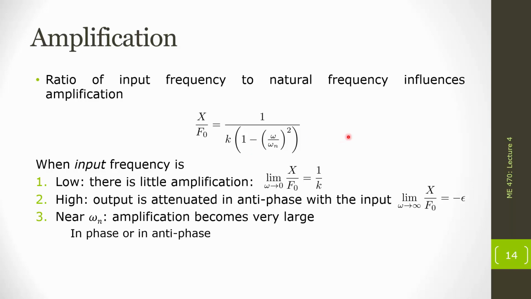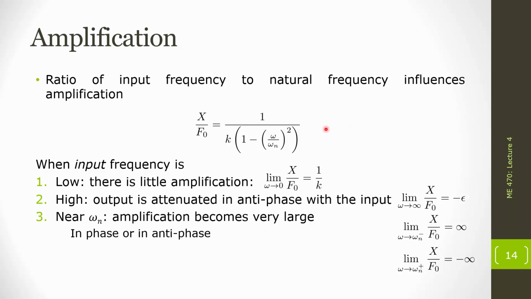But it's also going to depend on whether the driving frequency is a little bit less than the natural frequency, or a little bit greater. So we can look at these two limits and see what happens. If omega is a little bit less than the natural frequency, so the limit as we approach it from the left, this ratio goes towards positive infinity. We're going to have a very high amplitude in phase with the input.